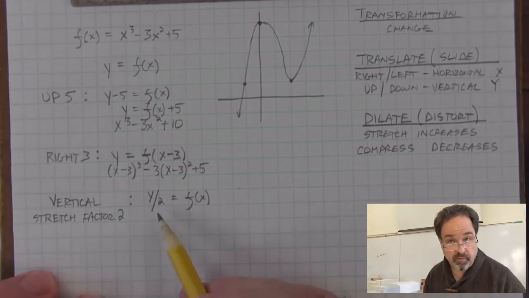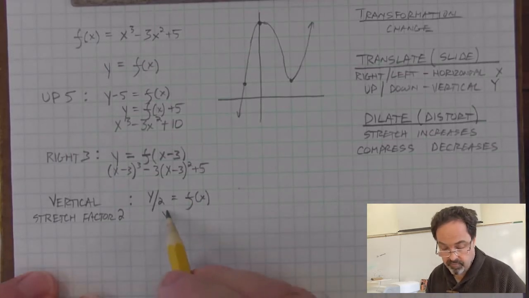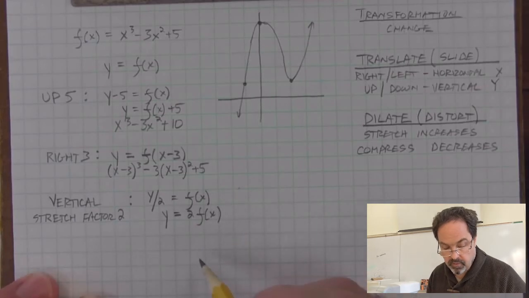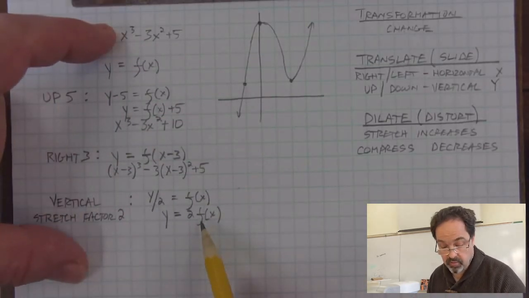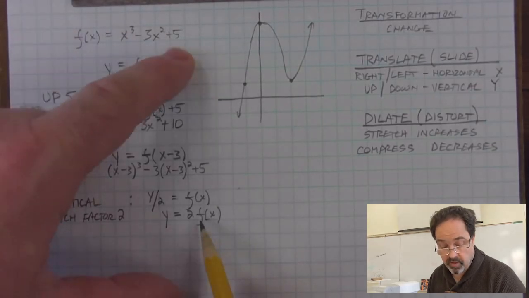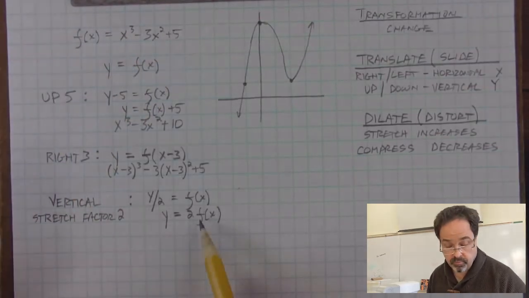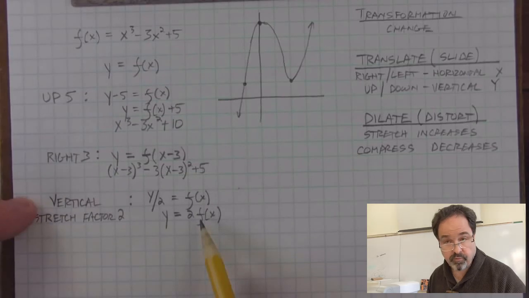And if we wanted to solve for y for graphing purposes, then we would clear the division by 2 by multiplying both sides by 2. That means that if we are working with this expression here, then we would multiply the entire expression by 2 to perform a vertical stretch by a factor of 2.